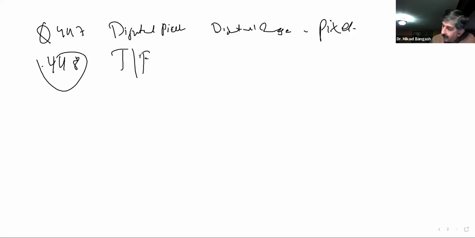True or false? The greater the number of bits assigned to each pixel of a digital image, the greater is the number of shades of gray that that image has. That was true.